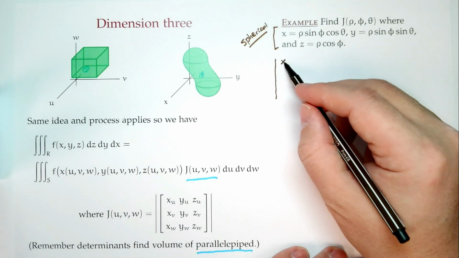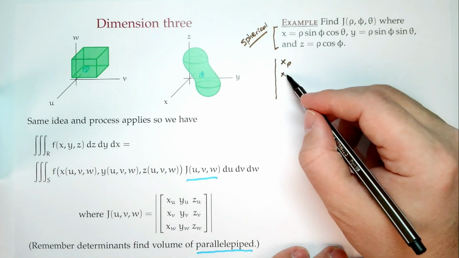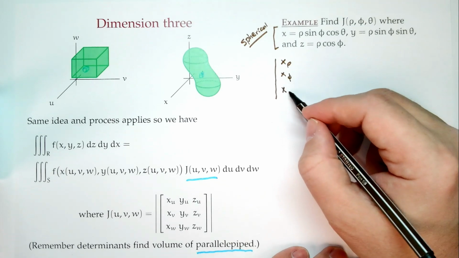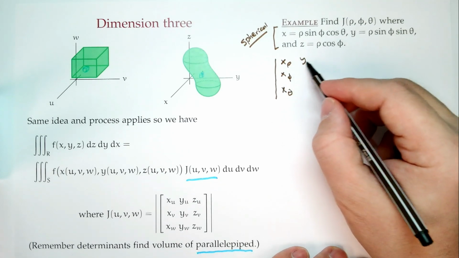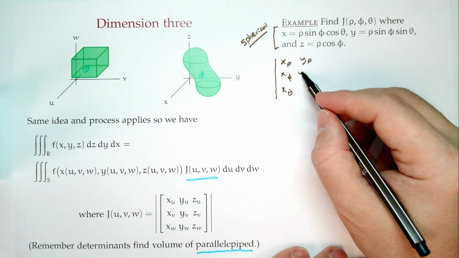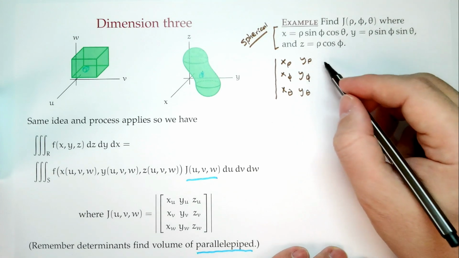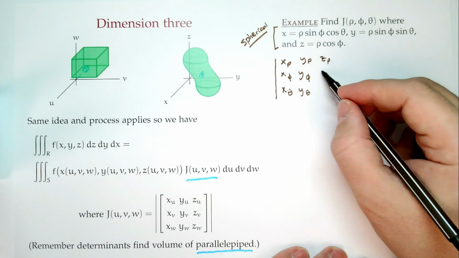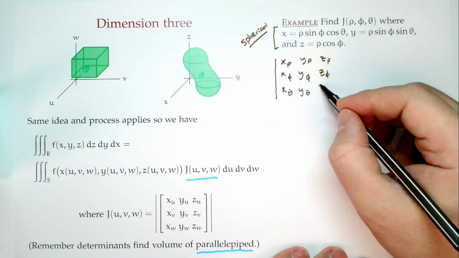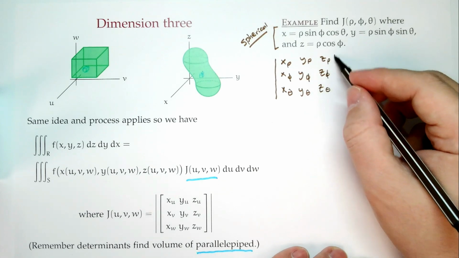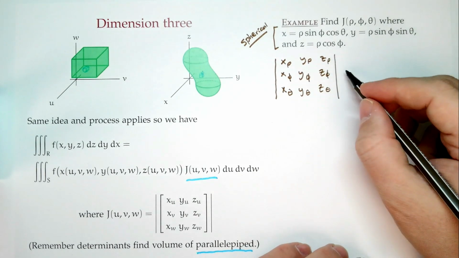We'll take the derivative of x with respect to rho, x with respect to phi, x with respect to theta, and for all the other ones too: y with respect to rho, y with respect to phi, y with respect to theta, z with respect to rho, z with respect to phi, and z with respect to theta. So we start populating this.